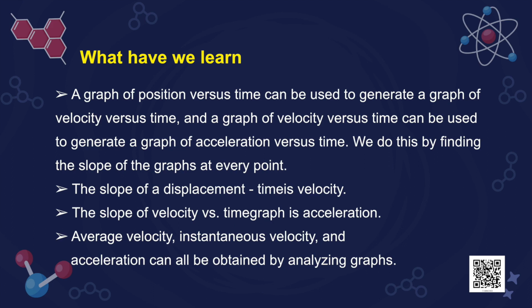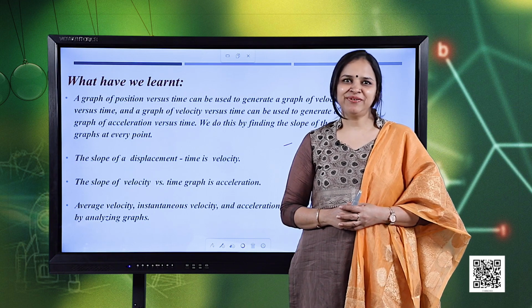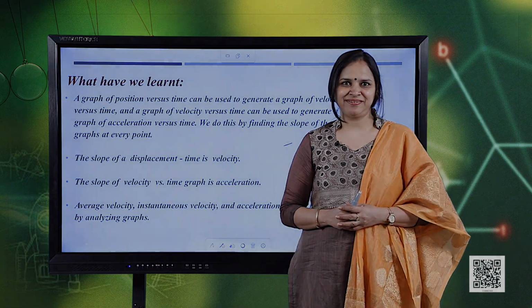Next, we studied that the slope of the displacement time graph is velocity and the slope of the velocity versus time graph is acceleration. We also studied that average velocity, instantaneous velocity and acceleration can be obtained by analyzing these graphs. We will continue our discussion in the next session.